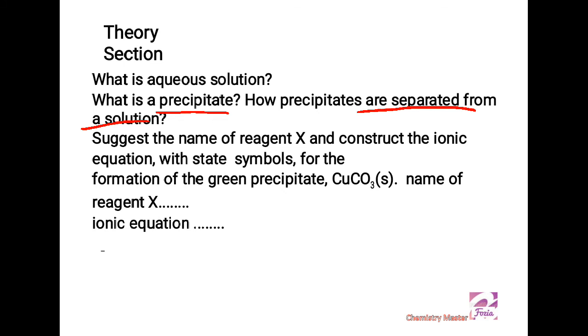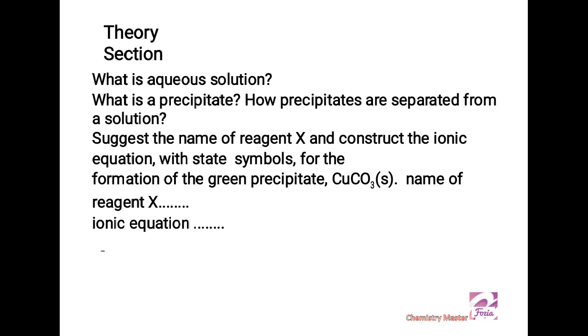So it must be 2 reagents. Here we have to see what chemicals are required for the formation of copper carbonate. It's a solid and it's a precipitate. It must be formed after a chemical reaction.